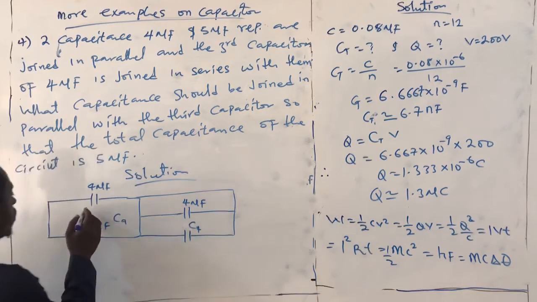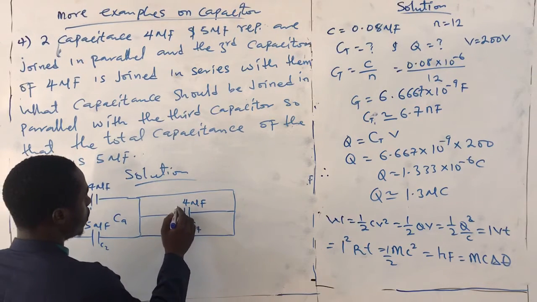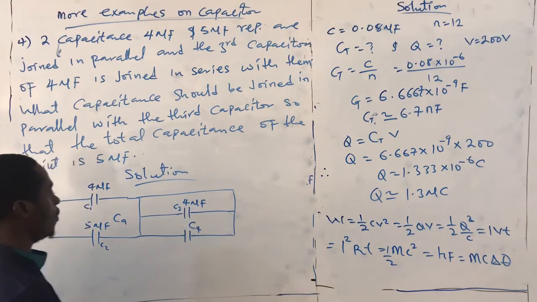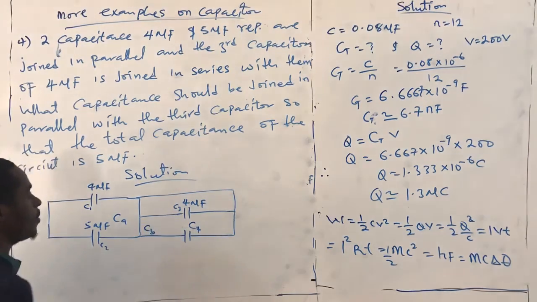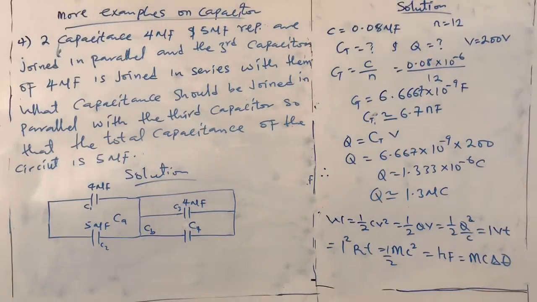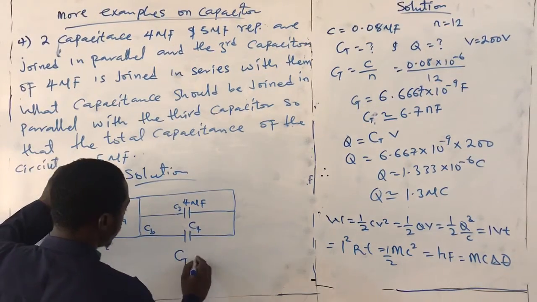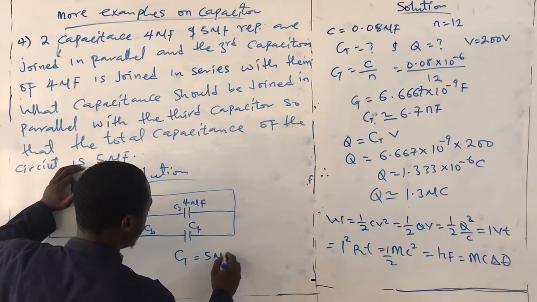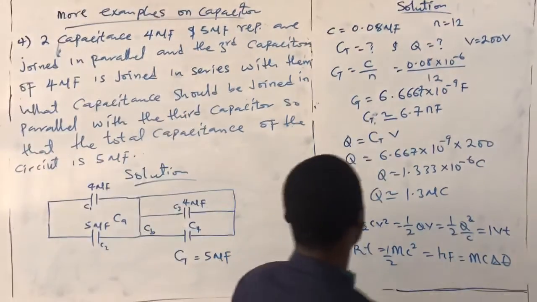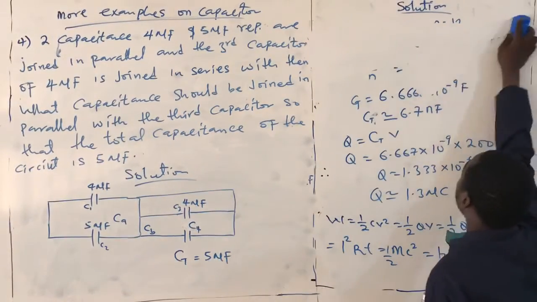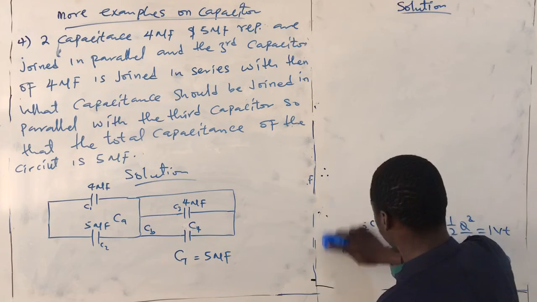So let's say this one is C1, this is C2, C3, and this is C4. Then the capacitance here, let's call it CB. Now, they say the effective capacitance for all these, CT, is equal to 5 microfarad. So this is the sketch for the statements.